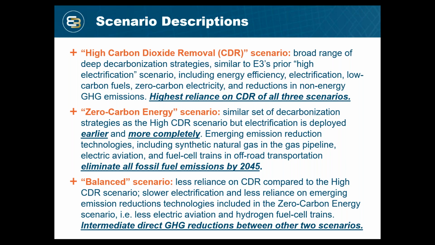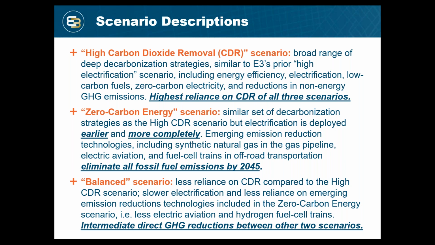The zero carbon energy scenario is the other end of the spectrum that we're evaluating. It involves faster and more complete electrification, as well as the addition of more emerging strategies for emission reductions, including the use of synthetic natural gas in the pipeline, electric aviation, fuel cell trains.